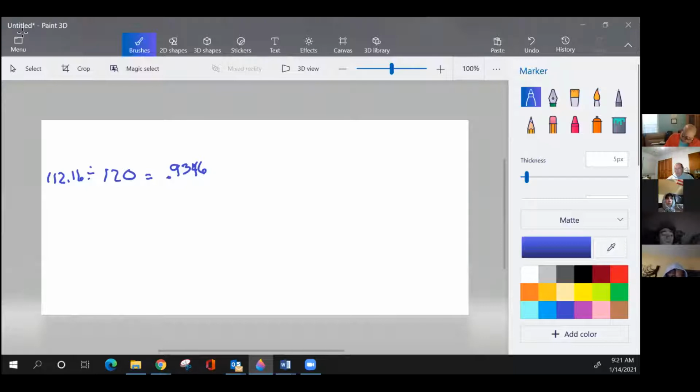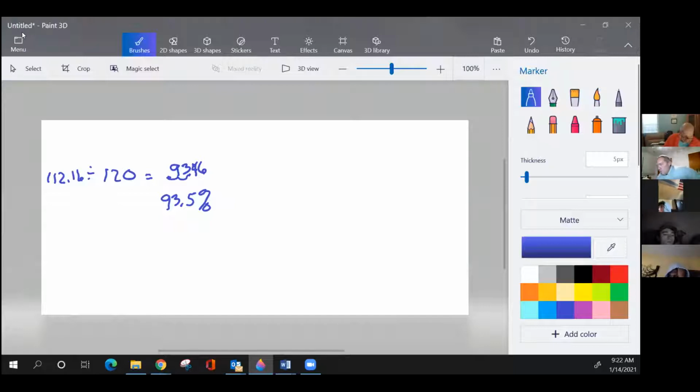So we'll move the decimal over 2 spots, and 0.9346 becomes 93.5%. We just rounded the 46 up to 5. It's 93.5%.